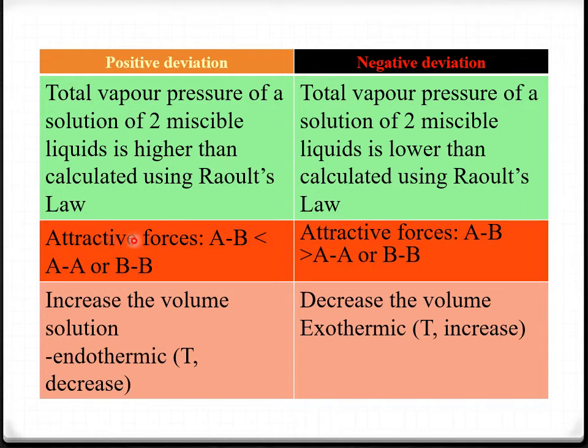For positive deviation, the attractive forces between the mixture A, B is less than in the pure solvent itself, which is A, A or B, B. Compared to negative deviation, the attractive forces of mixture A, B is more compared to the attractive forces of individual A or B.